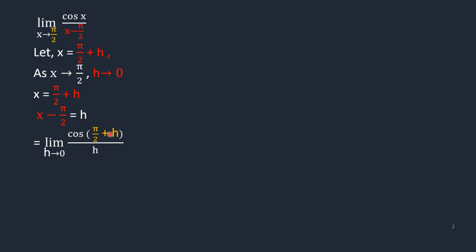First we will find this value by the addition formula which we have understood. Cos(pi by 2 plus h) will be cos pi by 2 cos h minus sin pi by 2 sin h. Now cos pi by 2 is cos 90, which is 0, and sin pi by 2, which is sin 90, which will be 1. So this term will become 0, so the answer will be minus sin h.